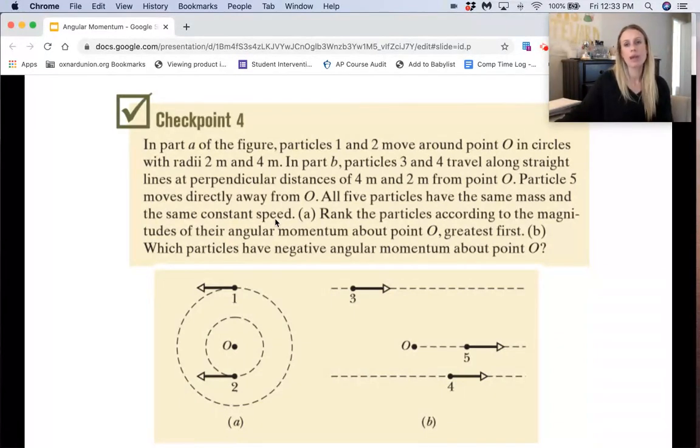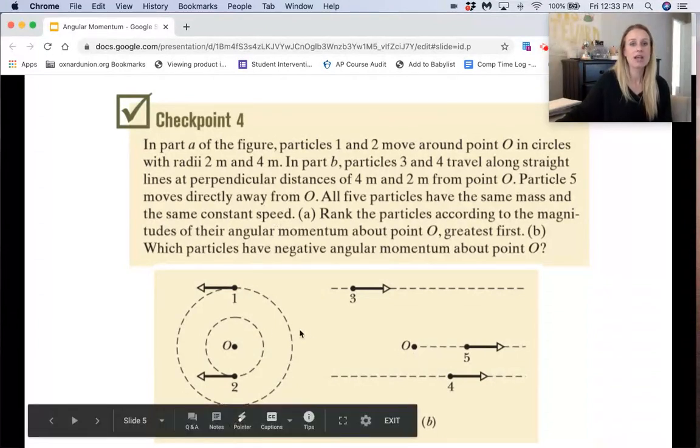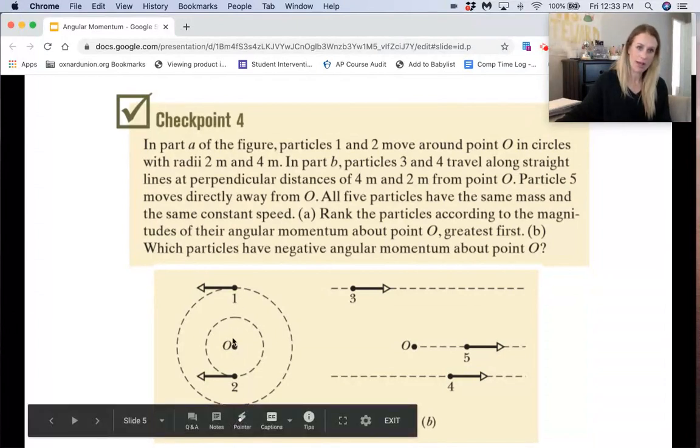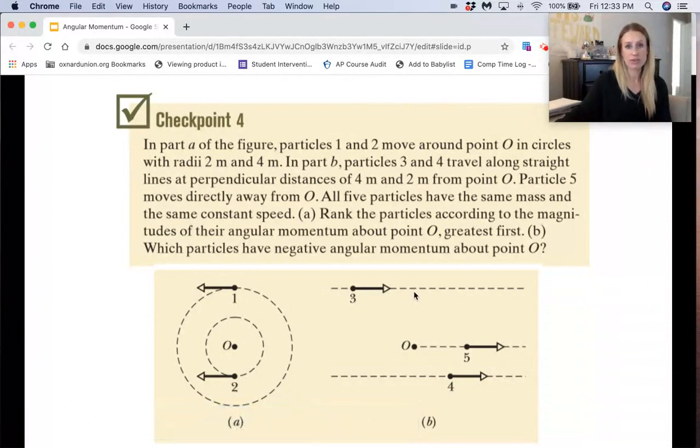So really all we're comparing here are our r vectors, which is the distance from that rotation point, or just the point O. So the ones that have the greatest distance from point O are going to have the most angular momentum. So we can see that 1 and 3 are both going to have 4 meters away from point O. So those are going to be the greatest magnitude of angular momentum. So 1 equals 3 will be our greatest.